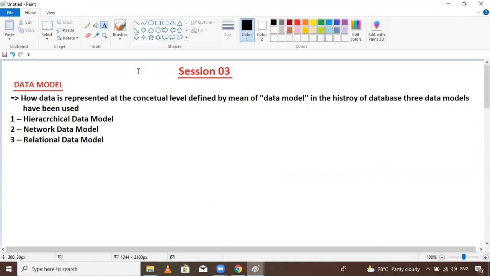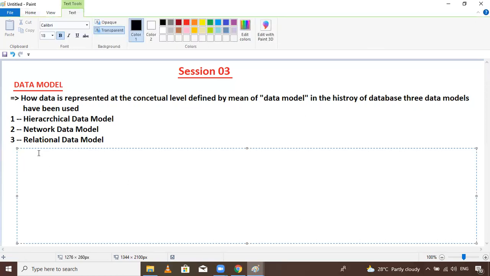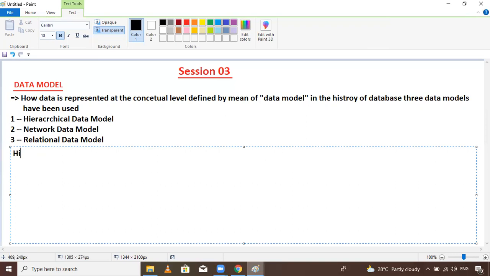Write it. The hierarchical model was introduced in the 1960s to organize the data in a structured form, like this. Suppose in the hierarchical model.